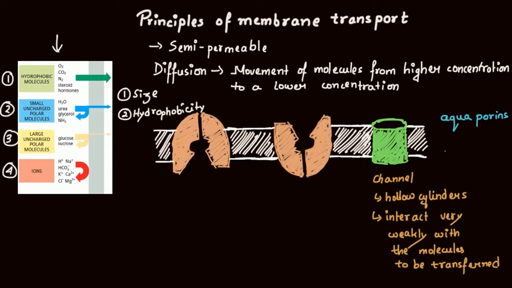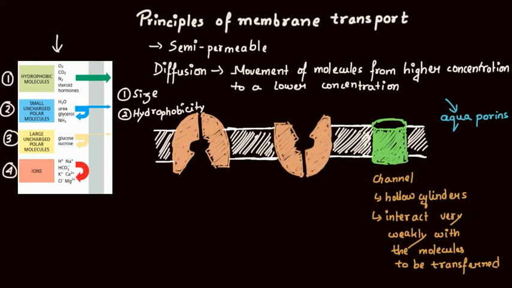Although from this diagram, this chart, water can move through the membrane on its own a little bit, the membrane also has some specific channel proteins that help move water in and out of the cell. So these were channel proteins.